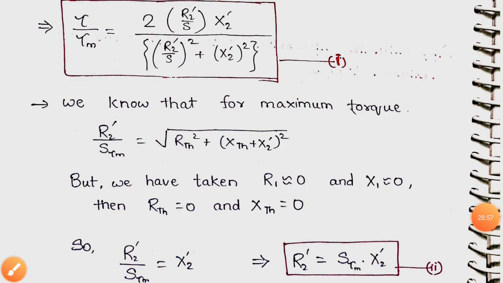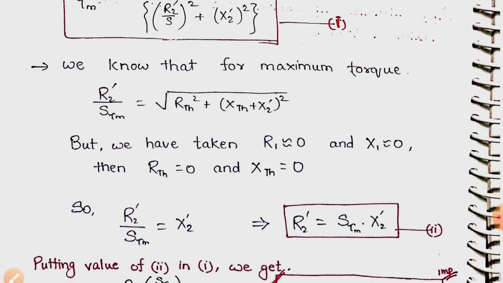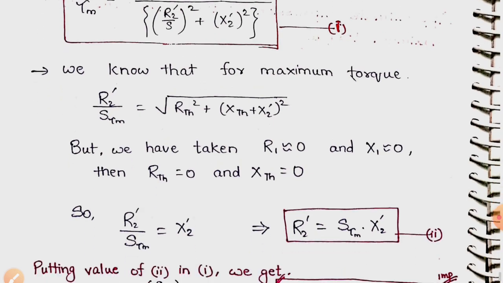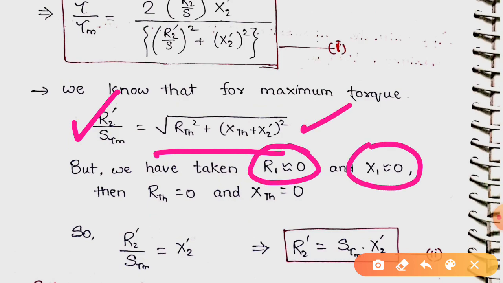Now we know that for maximum torque, R2 dash upon S tau m is equal to under root of RTH square plus, XTH plus X2 dash, whole square. Now we have already assumed R1 is equal to 0 and X1 is equal to 0, so RTH is equal to 0 and XTH is equal to 0.